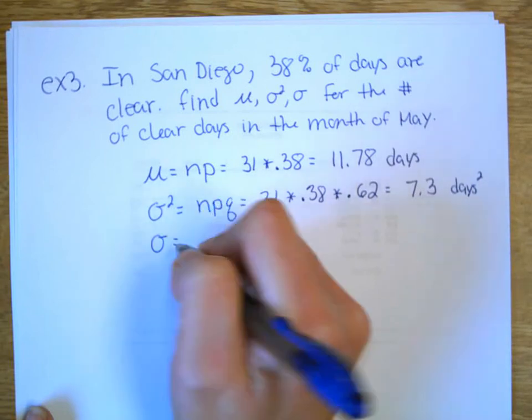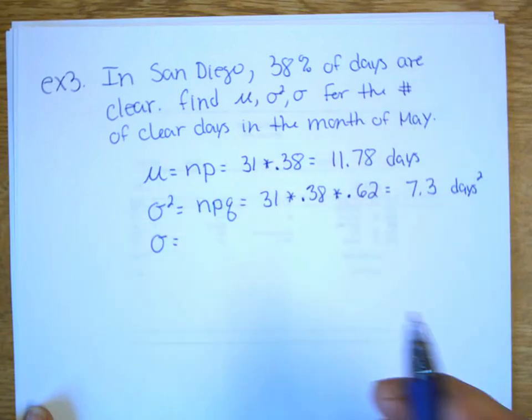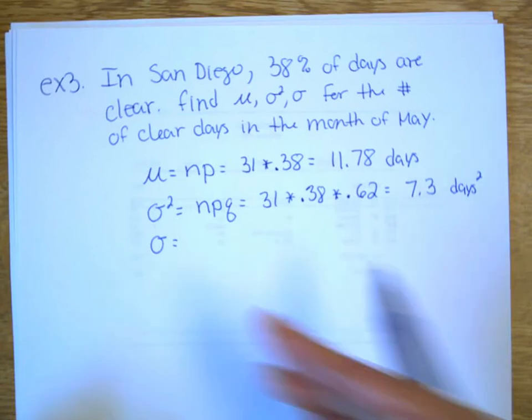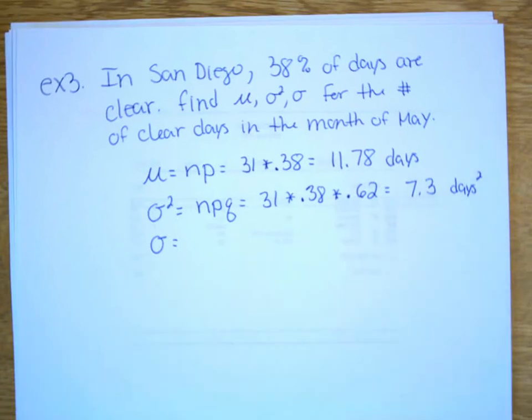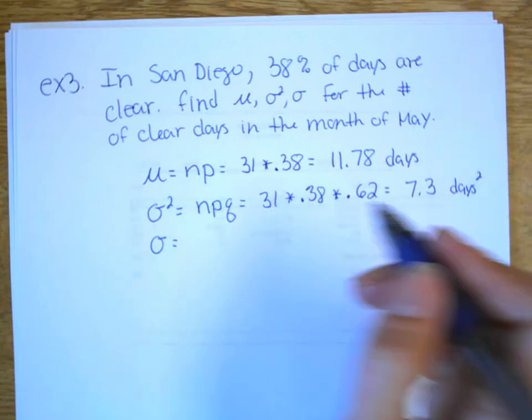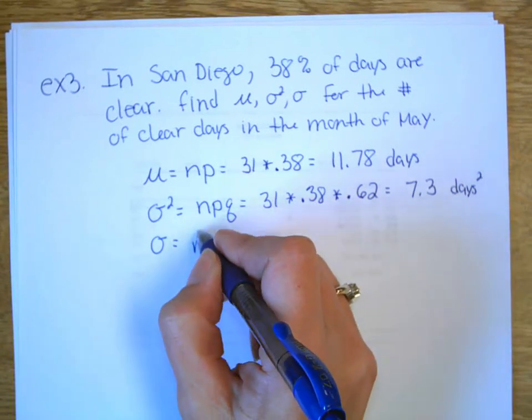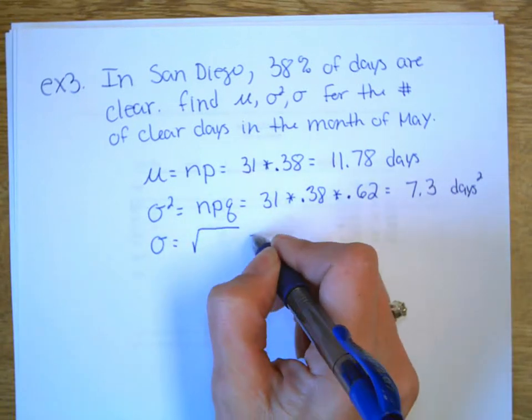Whatever that means. Like, what does this measure? How spread out the data values are, how many clear days there would be if we looked at all kinds of months of May. And then the square root of that, 2.7.